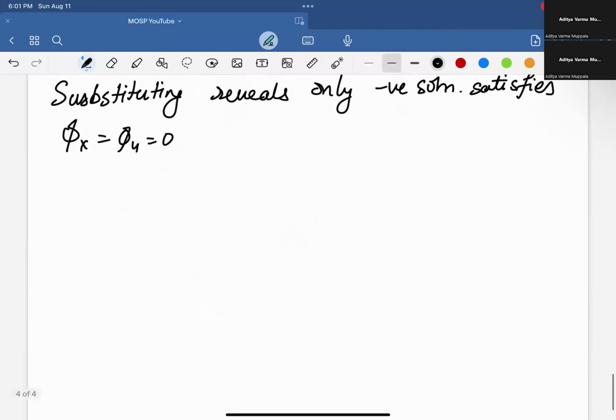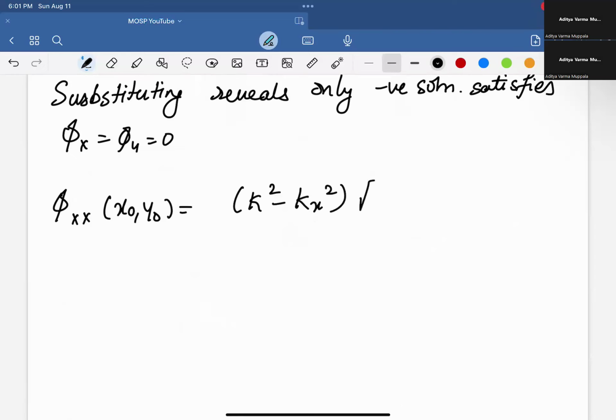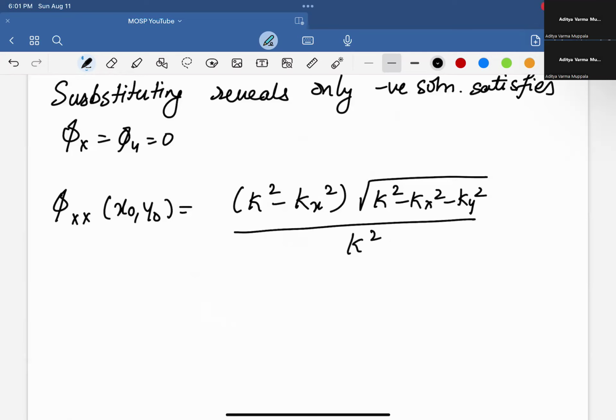Okay, so we found the stationary phase point, and now we find the second derivatives and evaluate them at the stationary phase point. I've already done this, so I'll just give you the final result. Phi xx is k squared minus kx squared times square root of k squared minus kx squared minus ky squared, divided by k squared z naught.